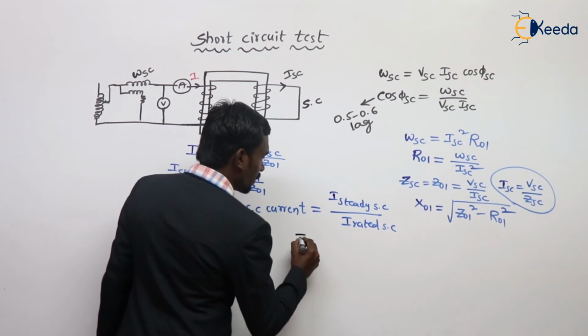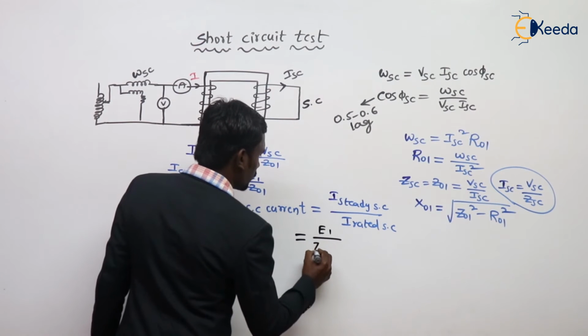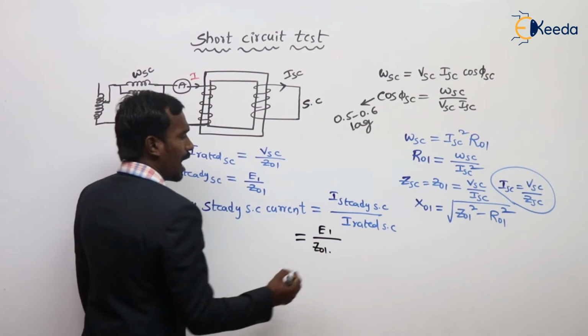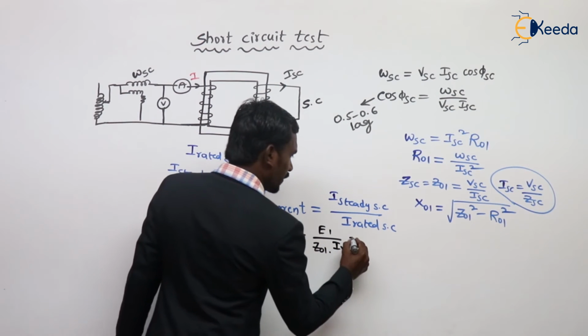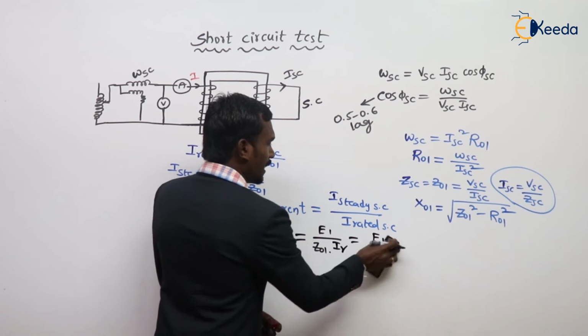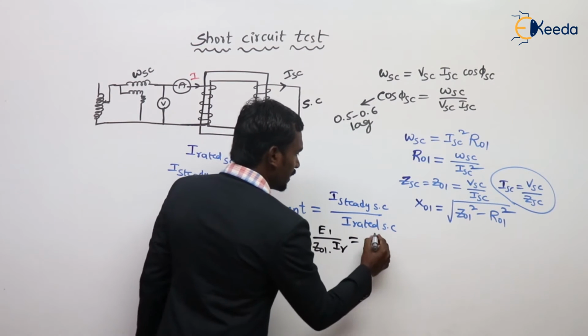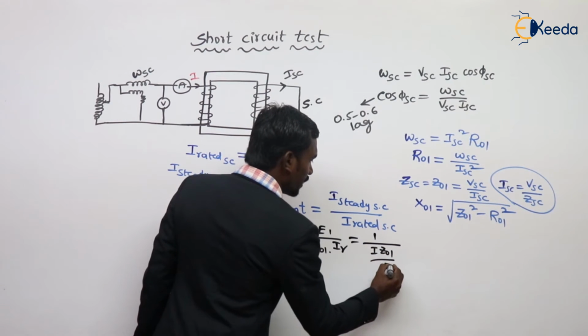Now tell me what the answer is. The actual value is E1 upon Z01 and the base is the rated current. This can be written as 1 by I rated Z01 by E1.